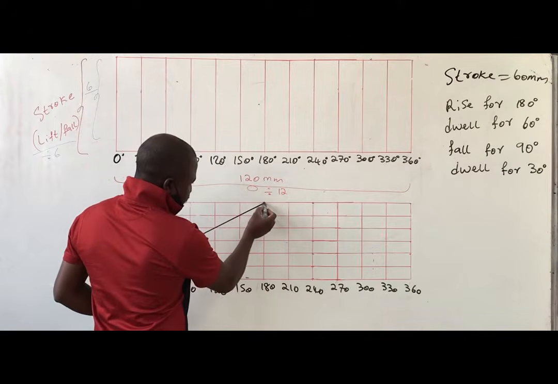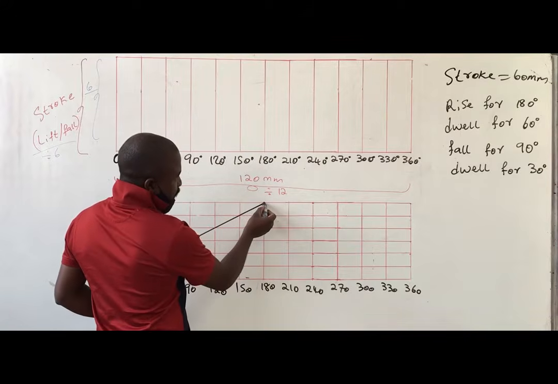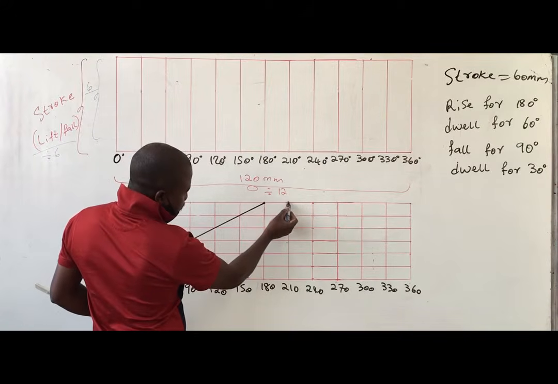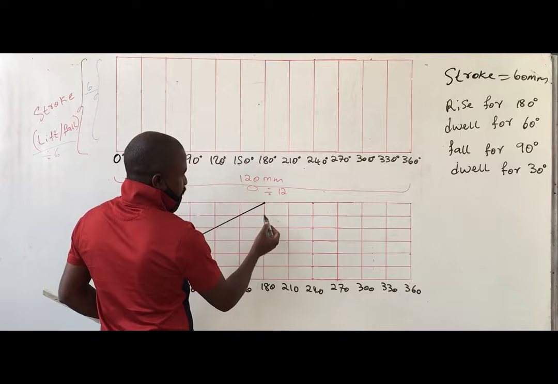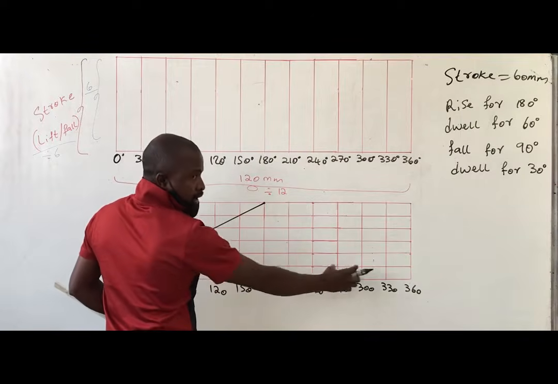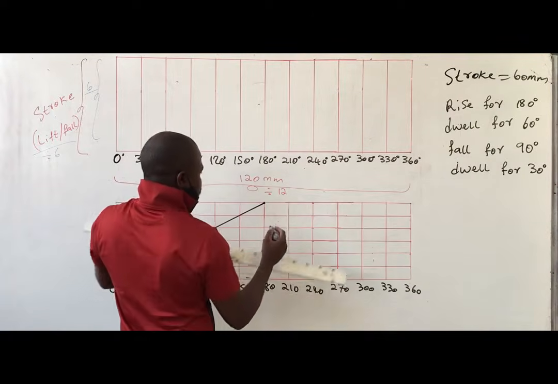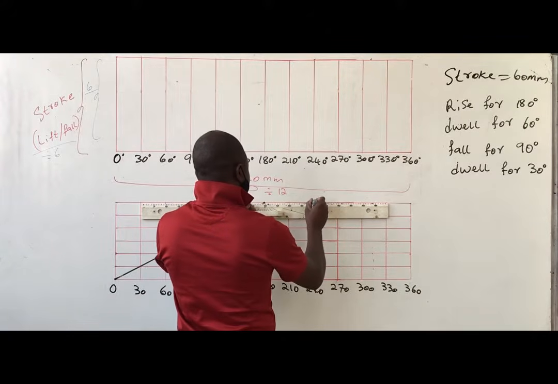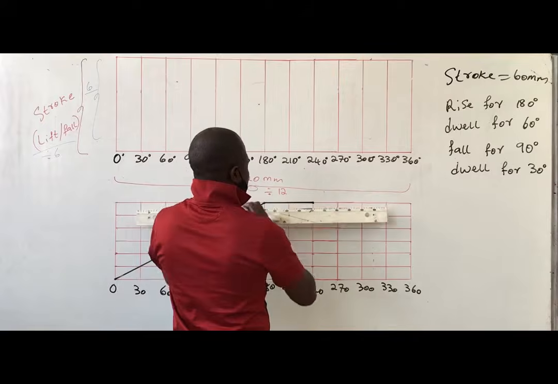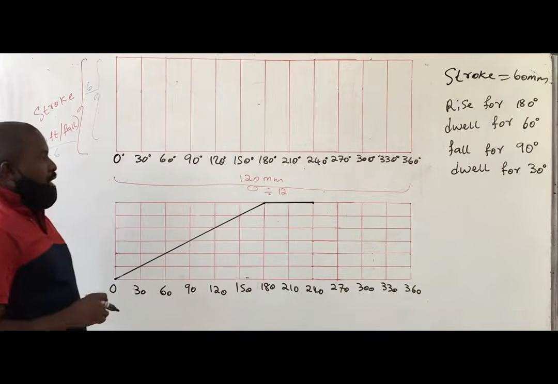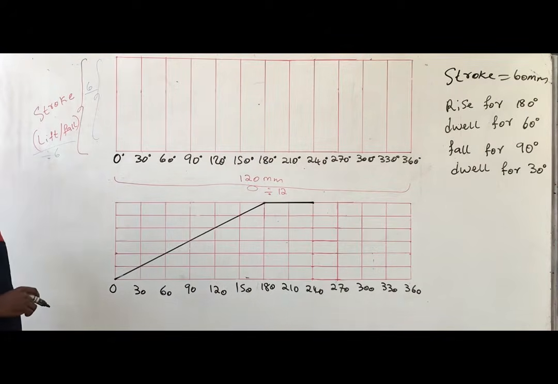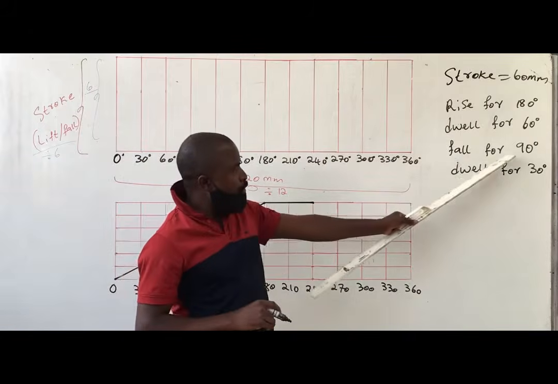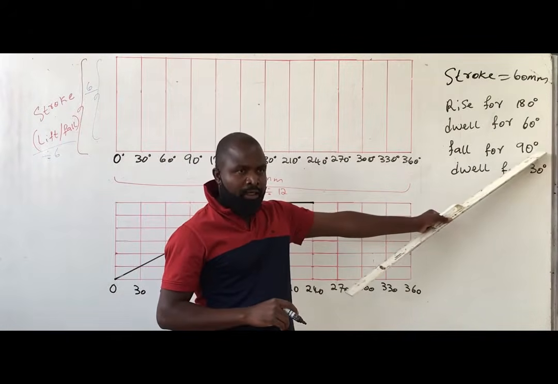We stop at 180. For the next 60, which will be 30, 60. Every division is 30, 30, 30. So from there to there is where it's going to dwell. From there, it says fall for 90 degrees.